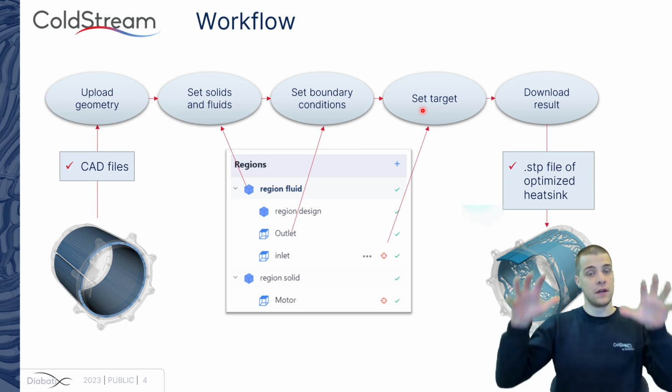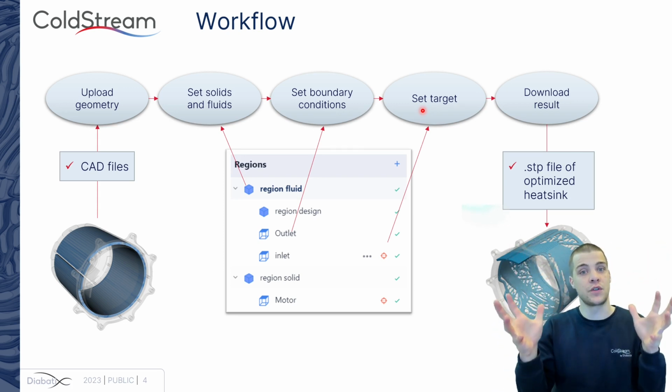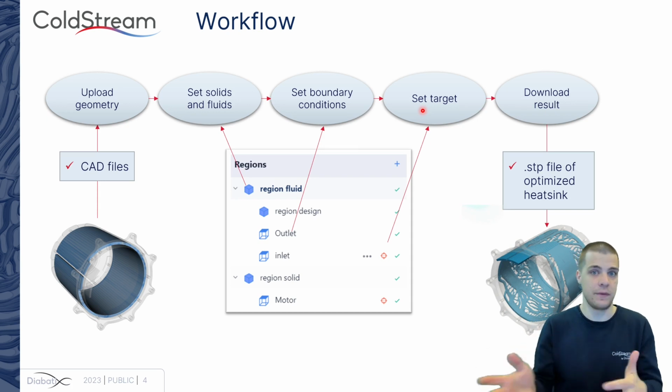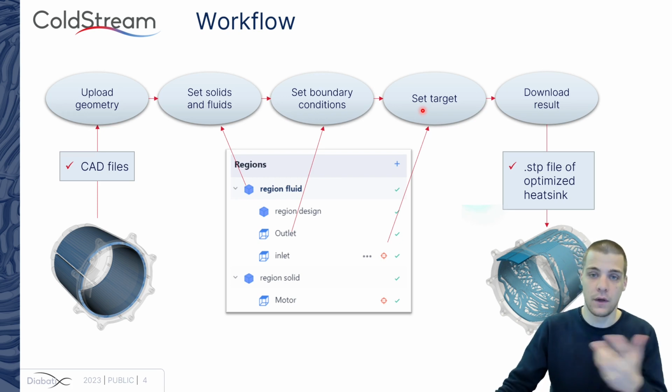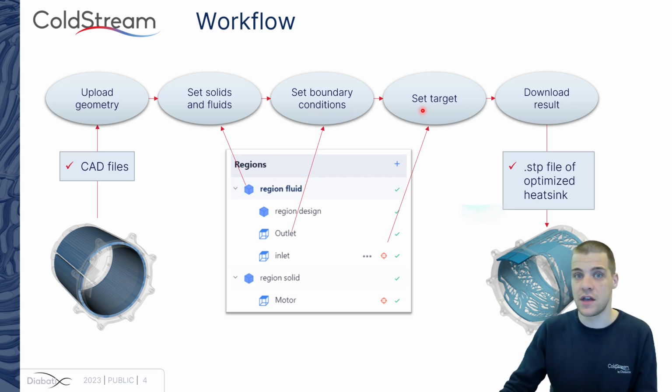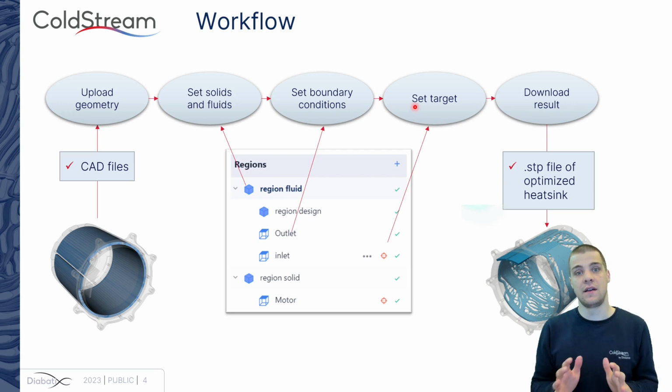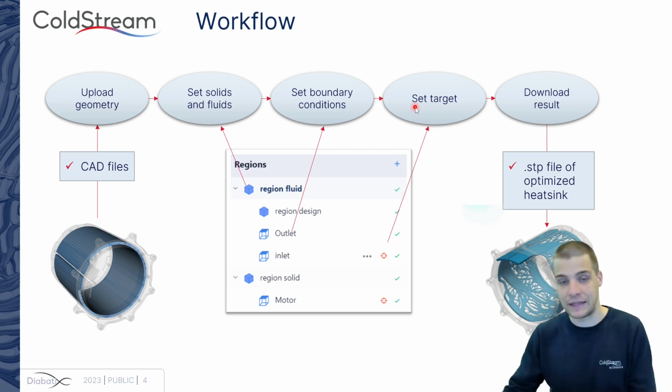The design volume is the volume where ColdStream is allowed to modify the geometry, to add the optimization structures. And the targets are what ColdStream optimizes for, be it maximizing heat exchange, minimizing pressure drop, constraining the power dissipation, etc. That's the only input that is required from you. Everything else is completely automated.